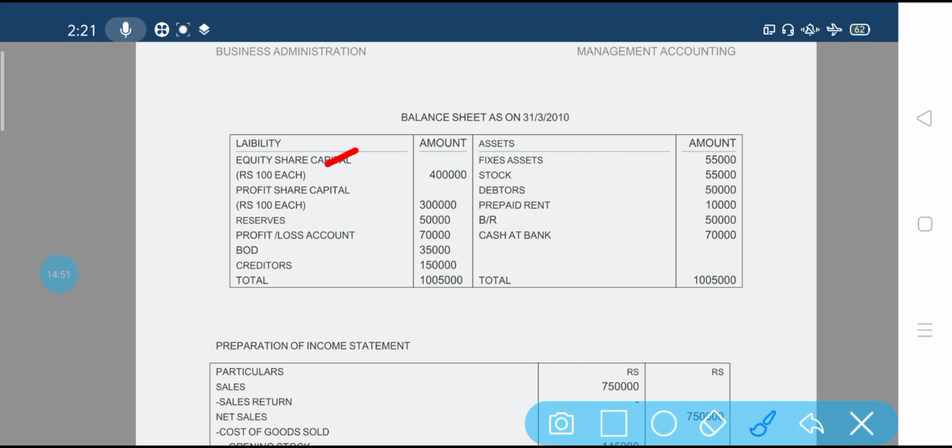Equity share capital, preference share capital, reserves, profit and loss account. There is no long term debt to add. General reserve, profit and loss account, equity share capital and preference share capital form the capital employed of the company.